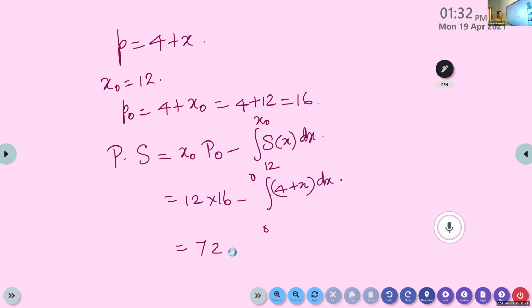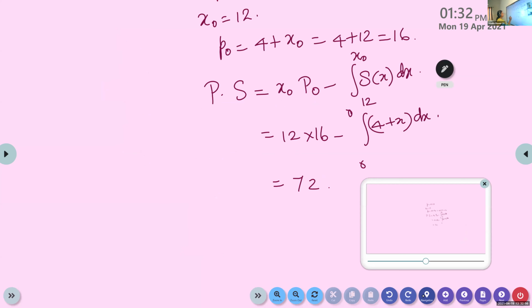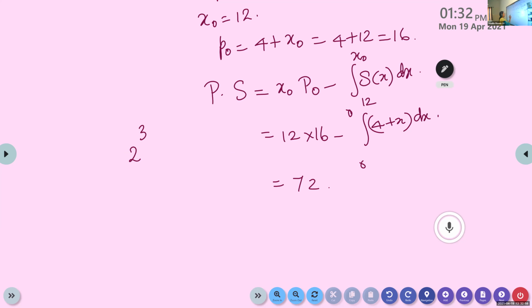Now, before doing the next questions, last year we have learned about logarithmic functions. Just go through it. Suppose 2 cube is equal to 8. How will you write this in logarithmic form? Log 8 to the base 2 is equal to 3. Very good.